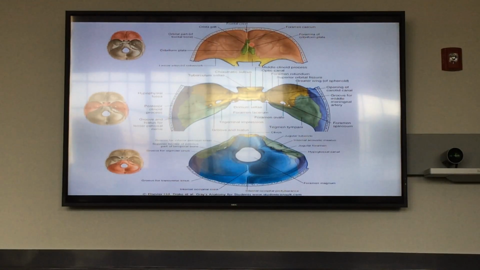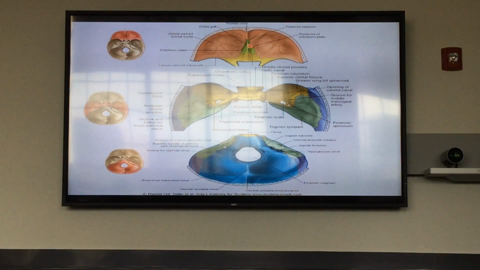It has a feature that you should be familiar with. That feature right here is known as the crista galli. It is a protuberance that juts from inferior to superior off that portion of the ethmoid bone.